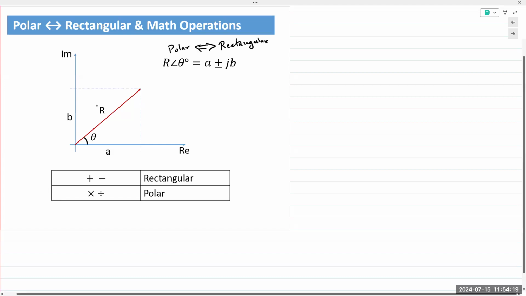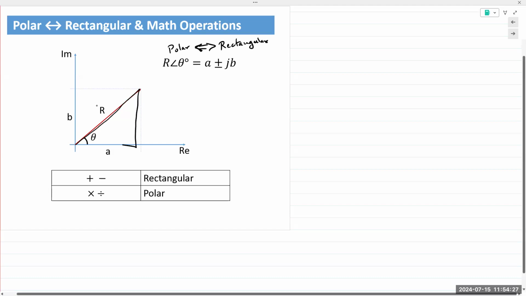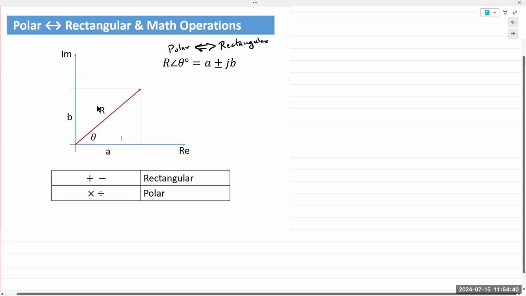So polar to rectangular conversion is something that comes from trigonometry. If you extend this, this is a right angle triangle. This is 90 degrees on the right, correct? And then you have theta, the phase angle there. So the quantities are related by trigonometric identities.